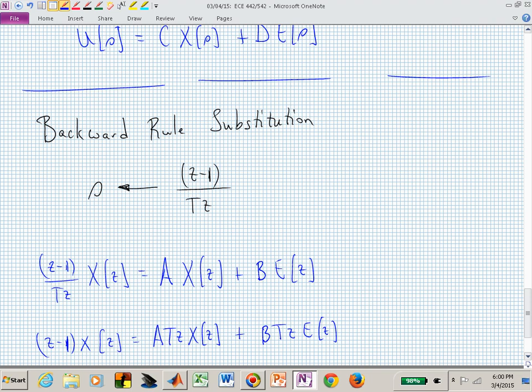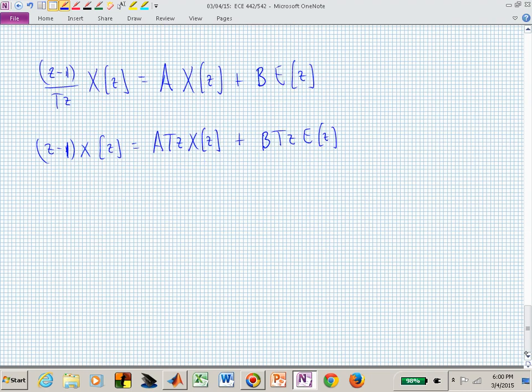And I will do that in real time. This shouldn't be too bad. This is now x at time n plus 1 minus x at time n equaling A T x at time n plus 1 plus B T e of n plus 1.